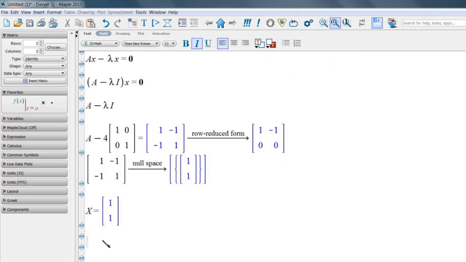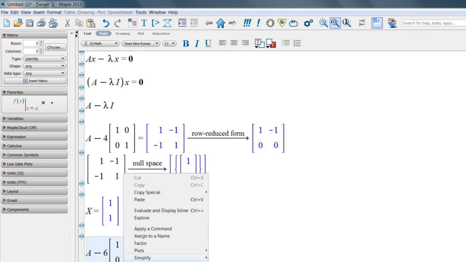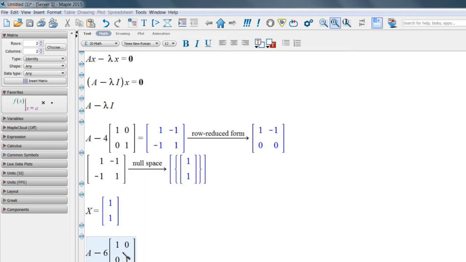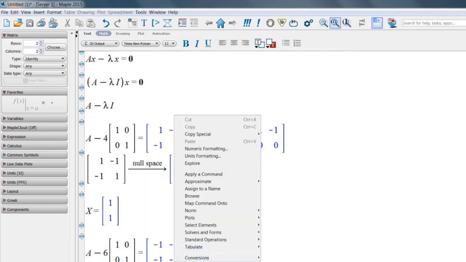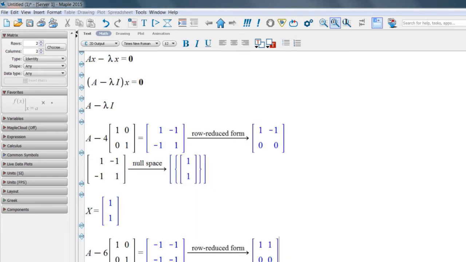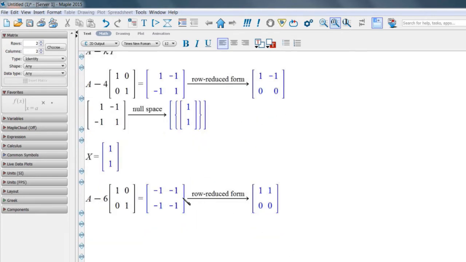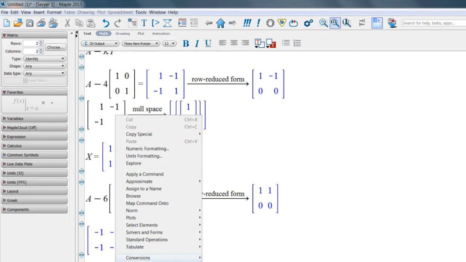And if we do the same thing with A minus 6I, let's row reduce that, because that's how you solve equations. You have a solution of a different set of homogeneous equations.